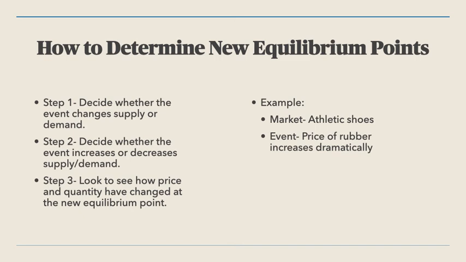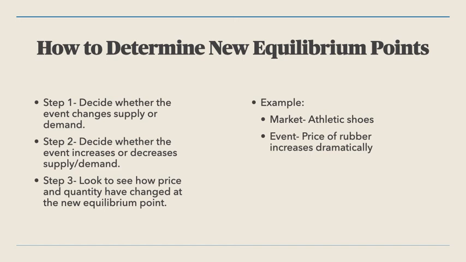They know where the equilibrium point is. They know what the right price is. But then something happens. The price of rubber shoots up. It increases dramatically. So the question is, how will this affect the market for athletic shoes?